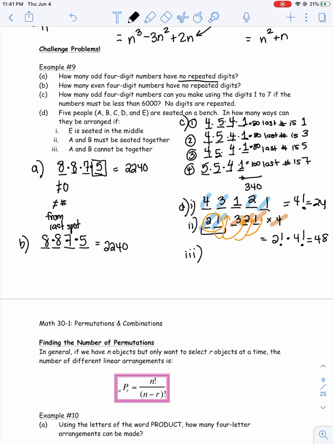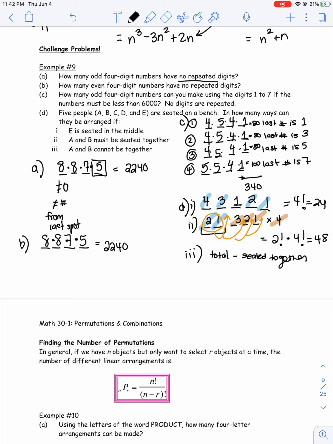And our third part is what if they can't be seated together? So this is where we can't really arrange that. It's too hard to figure that out. So what I like to do is find out the total and subtract where they are seated together. And what that will do is give us the complement, meaning when they're not seated together.